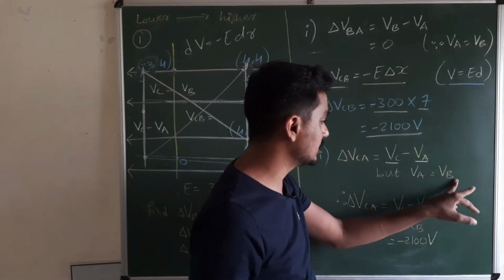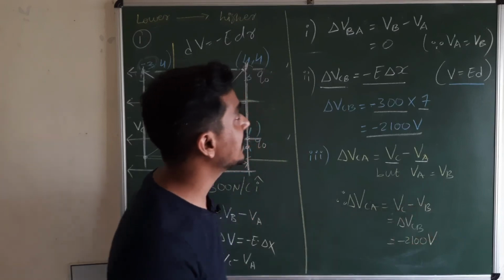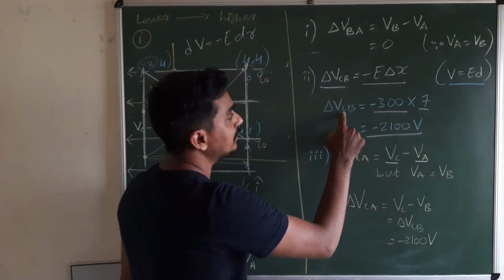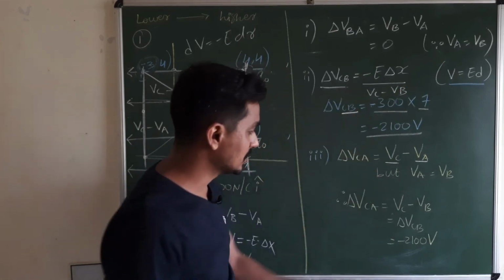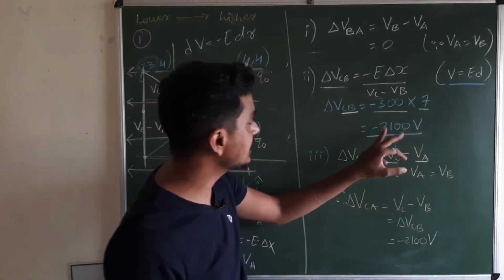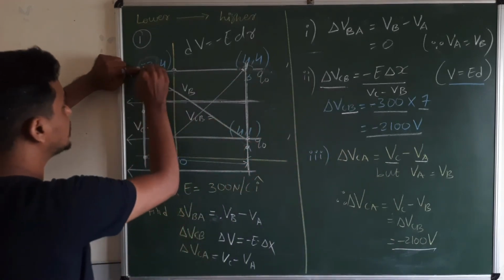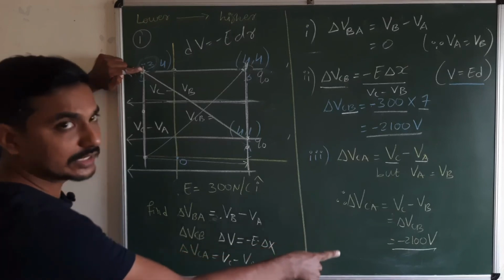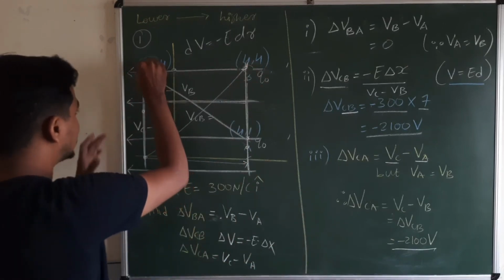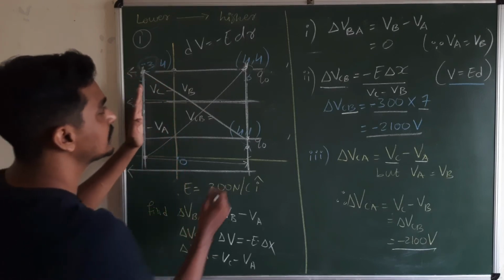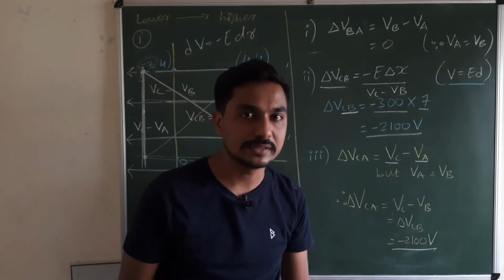So VA is equal to VB, so we can put VC minus VB. That is delta VCB. What is delta VCB? It is minus 2100 volt. This 2 point difference is also minus 2100. Same here. So the potential difference between this equipotential surface and this equipotential surface is minus 2100.